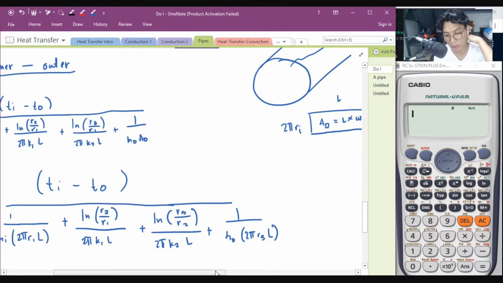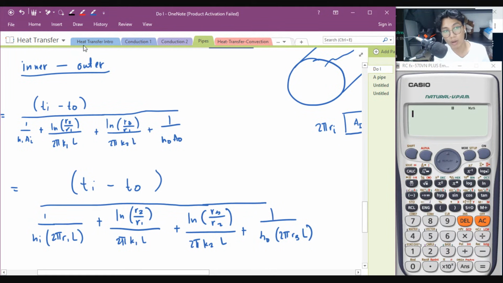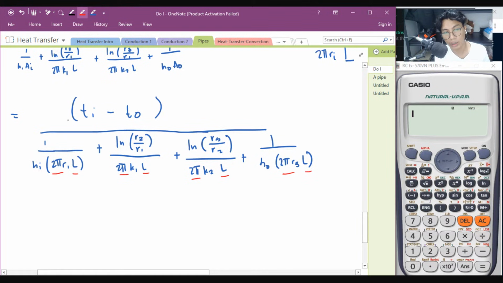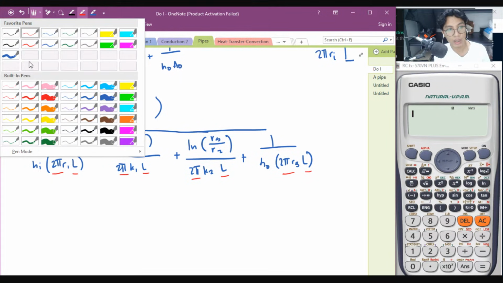O, tignan nyo dito ano yung common sa kanila. Di ba ang common dyan is yung 2 pi L, 2 pi L, 2 pi L, 2 pi L. So, pwede natin silang iakyat dito sa taas. Then we can simplify the whole equation.